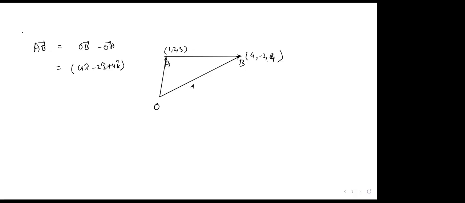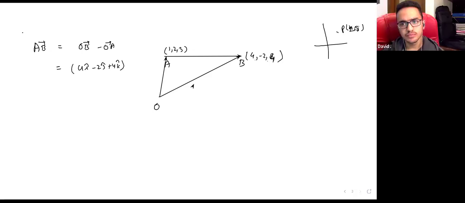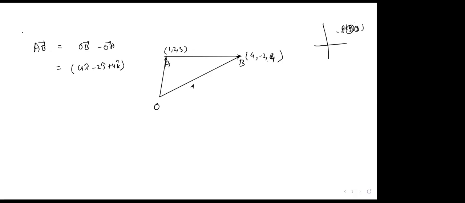As in Cartesian coordinates, if we take a point (2, 3), 2 says the distance on the x-axis from the origin is 2, and 3 the distance on the y-axis.